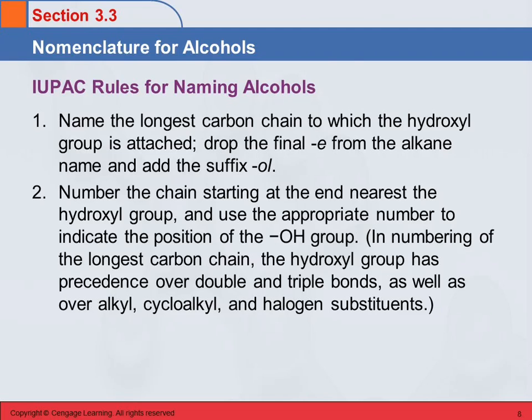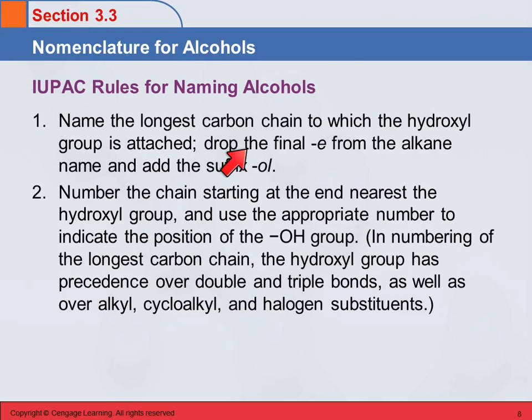IUPAC rules, again, we're just building on what we've already learned. We're going to name the longest carbon chain. Now here, the hydroxyl group has to be attached to the longest chain. It could happen that there's a longest chain that doesn't include the hydroxyl group, but you have to include the hydroxyl group.